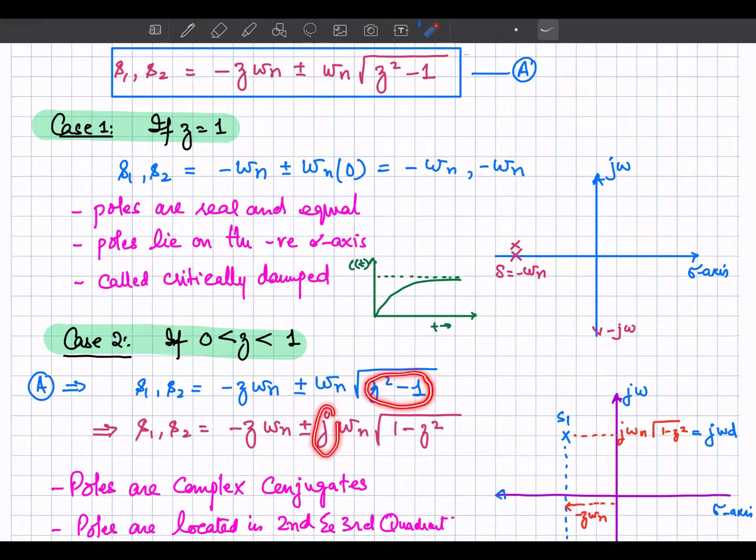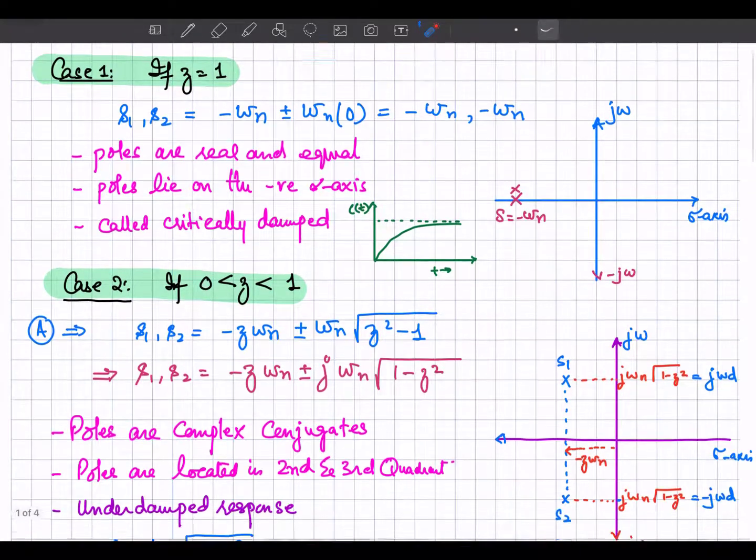So I can write it taking the j out, that is the iota or the complex operator, with 1 minus zeta square. So our poles, when our damping factor is between 0 and 1, are represented by this equation.